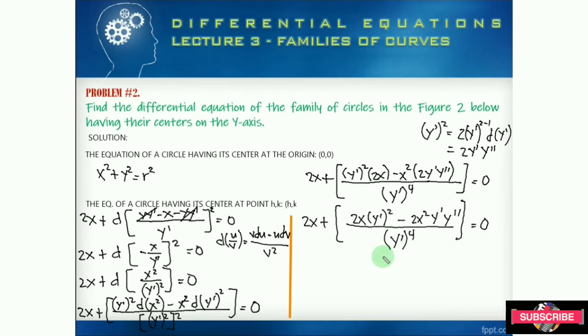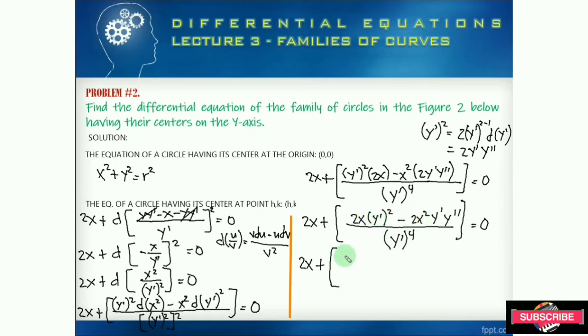Okay, so 2x y prime squared minus 2x squared y double prime all over this y prime to the fourth, okay? So after this one, we will simplify. So 2x plus, again, so we let this one, no, having this term divided by this one, so we have to separate this one and this one.